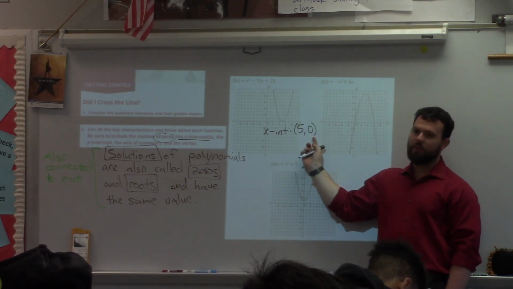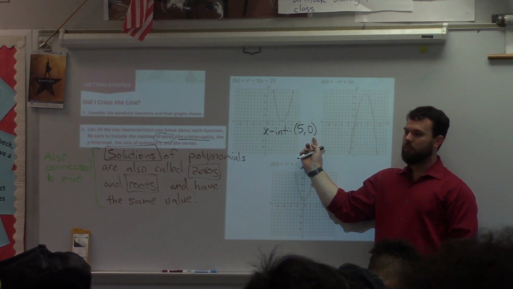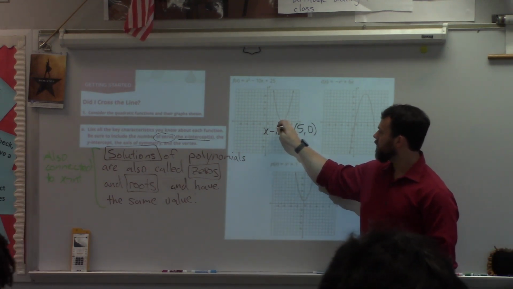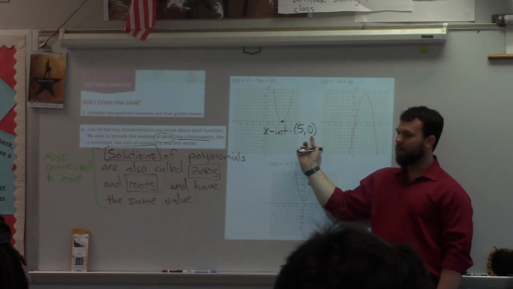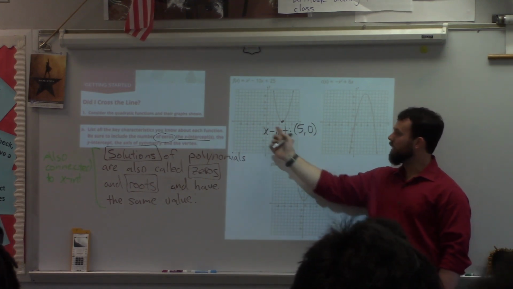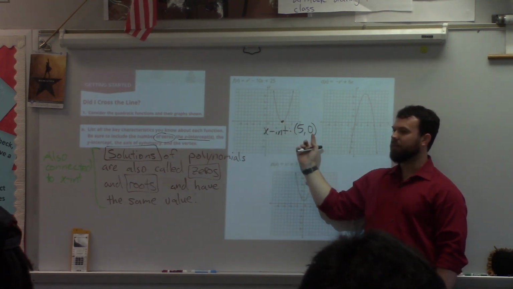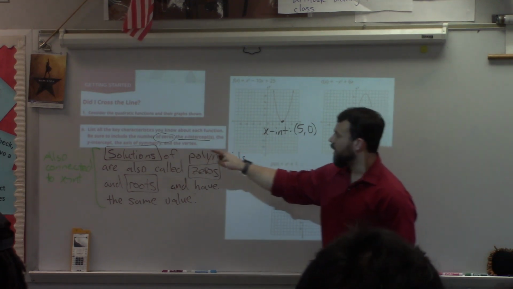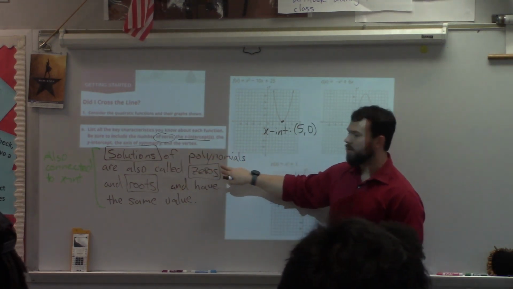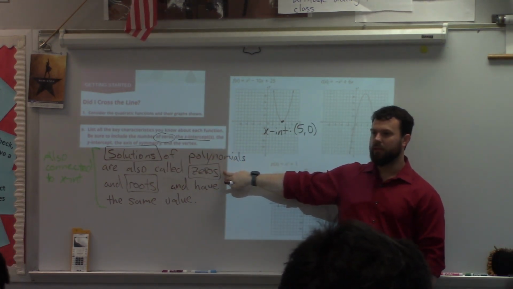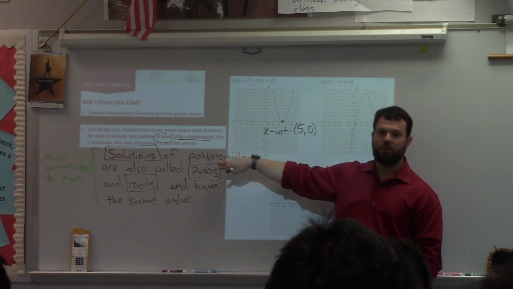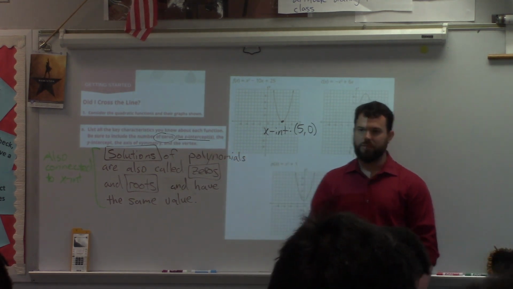Notice how the y value is 0? The x is 5, the y is 0, which is why x-intercepts are also called zeros. X-intercepts are also called zeros because the y value is 0.